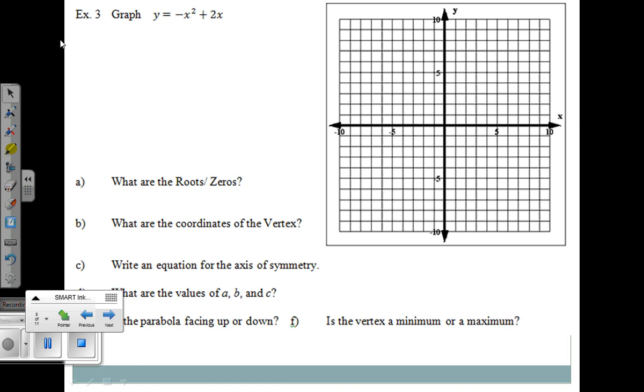All right. Try this one completely on your own from start to finish. Press pause, and when you're done, press play so that you can go over it.